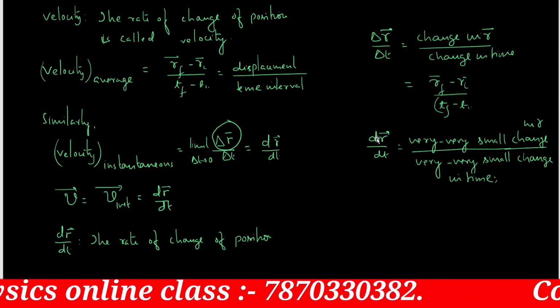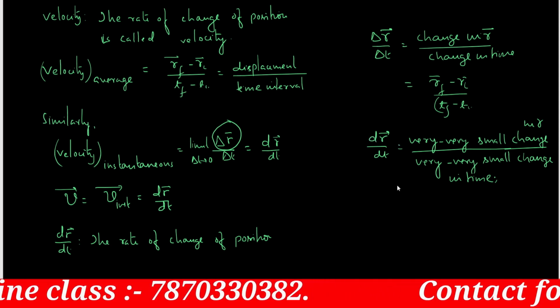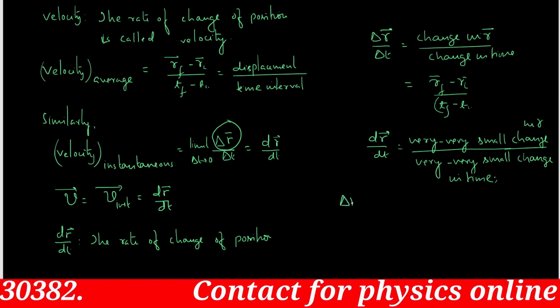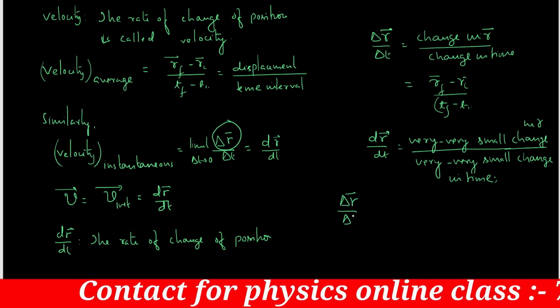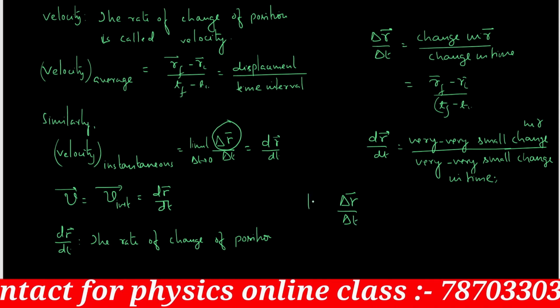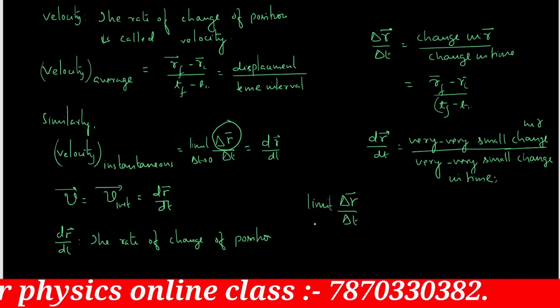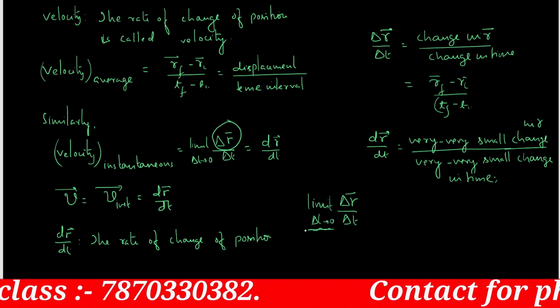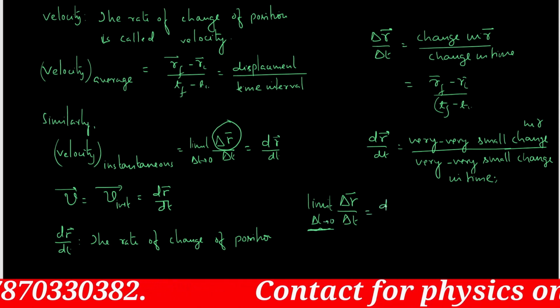Clear? And that's why delta r upon delta t, if limit delta t tends to 0, a very, very small interval of time, this is called dr by dt.